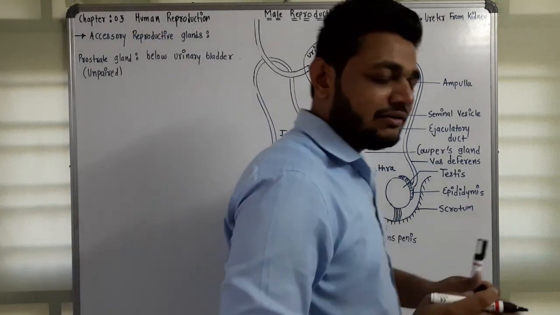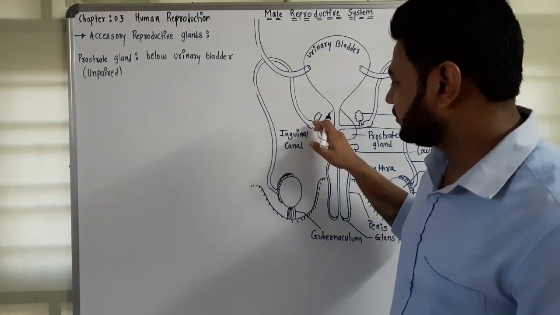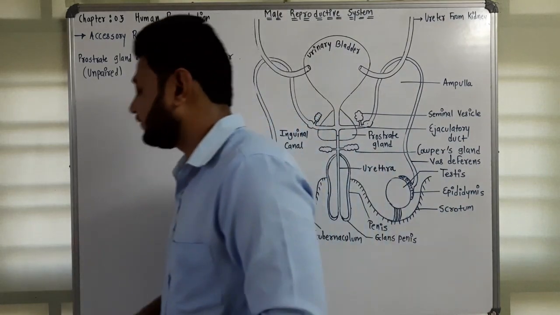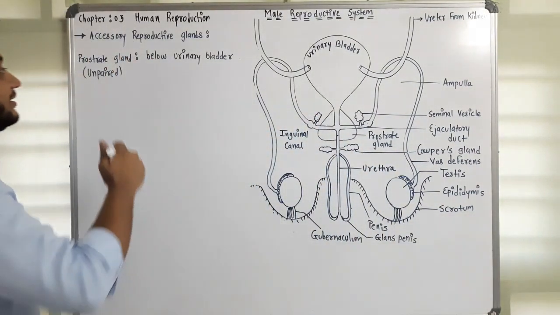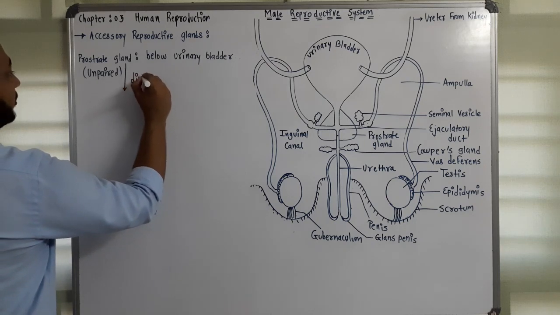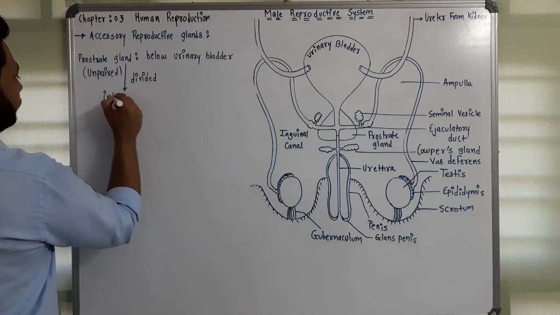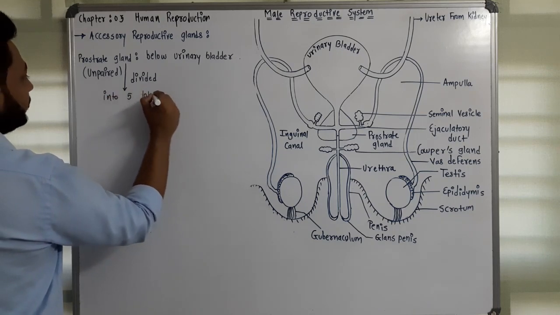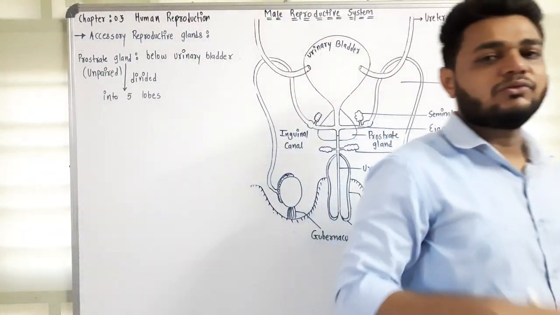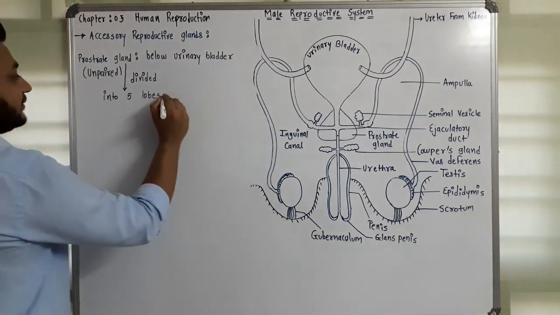The seminal vesicle's duct was entering directly into the ampullary region. Now the prostate gland is itself divided into 5 lobes, and each lobe opens into the urethra by fine apertures, right?